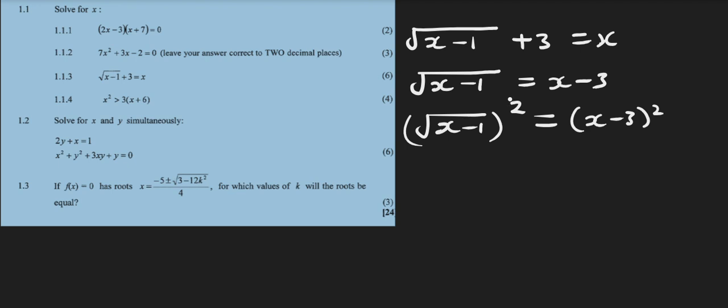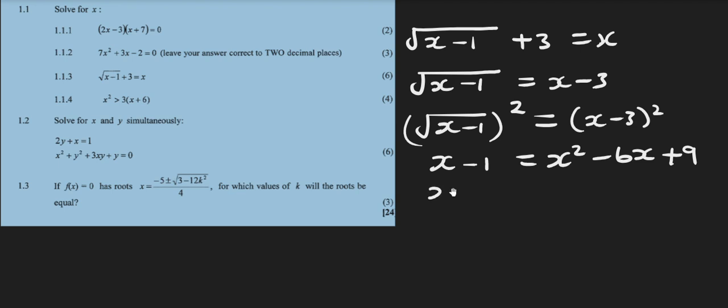And then this square is going to eliminate the radical sign, and then we are going to have x minus 1 equals x squared minus 6x plus 9. And then after this step, we need to take everything to one side and simplify that side.